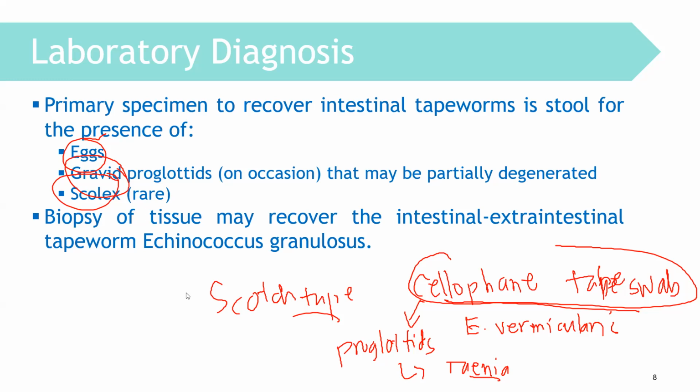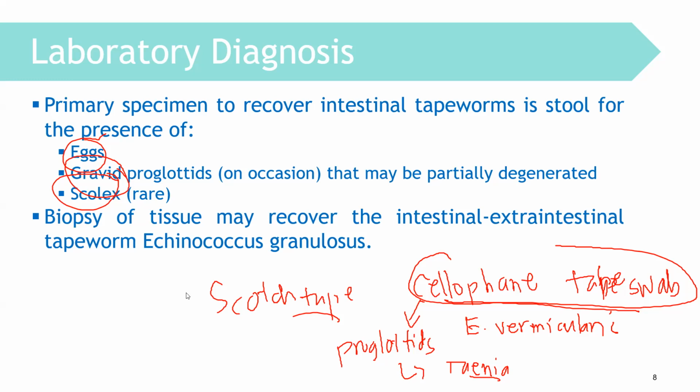Another one is Taenia solium. Taenia solium is the pork tapeworm, and we can use stool as the sample of choice. But did you know, guys, that it is also capable of invading our central nervous system, including the brain.